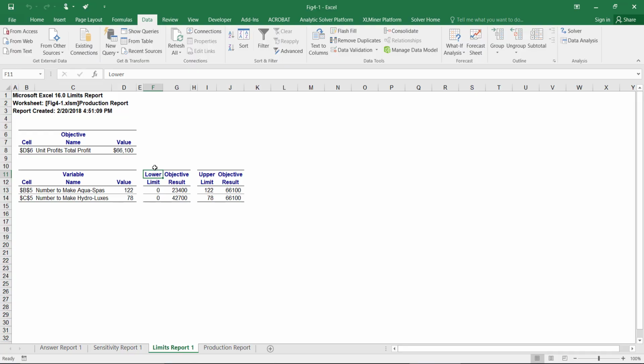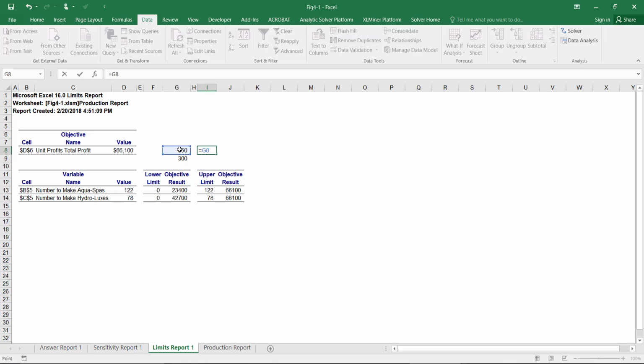The lower limit column represents the value that we can reduce to, given that we fix the other one. For example, if we fix this 78, then we can get 0. This 78 and 0 mean x1 is 0 and x2 is 78, which satisfy all the constraints, and the objective result is going to be this much. Remember that 350 was the coefficient of the first decision variable and 300 was the coefficient of the second one.